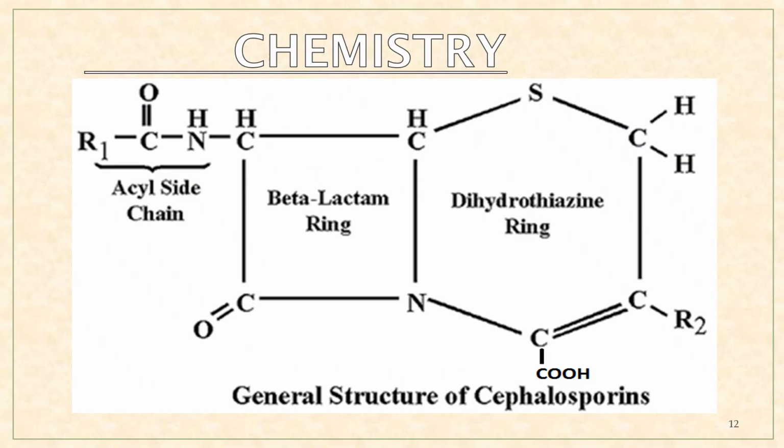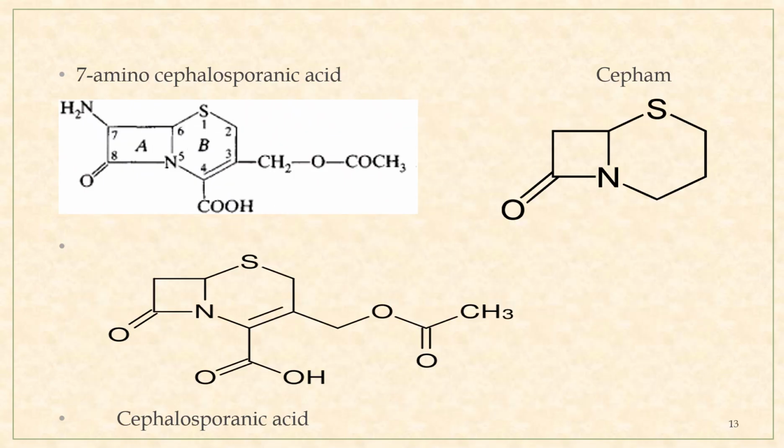Moving on to the chemistry, we have already discussed the general structure. The dihydrothiazine nucleus is present, the beta-lactam ring is present, and the acyl amino side chain is present. So this is 7-amino cephalosporanic acid.